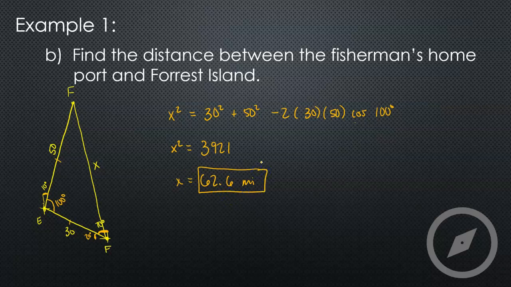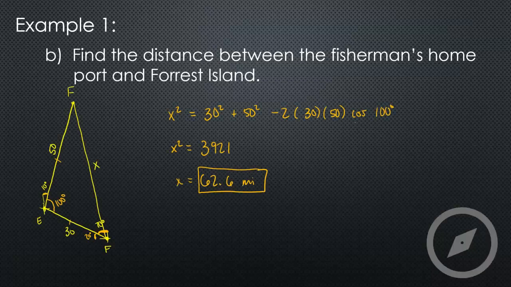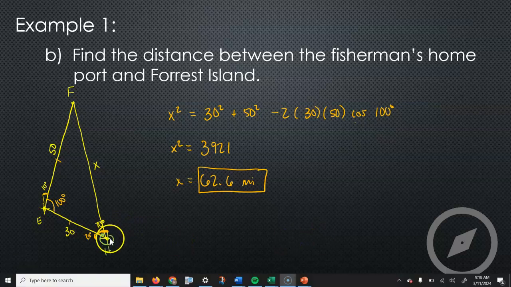The answer. Okay, now the second part says find the bearing from his home port to Forest Island. So let's go back. We want to find the bearing here that I had already pre-done in green, and I also fixed this. This is supposed to be the home port H, not F, but that's the bearing that we're trying to figure out.